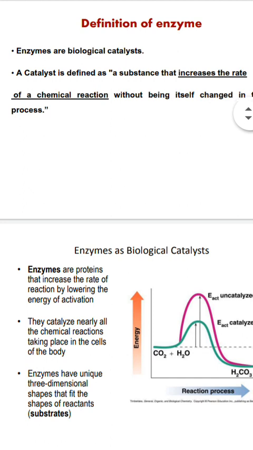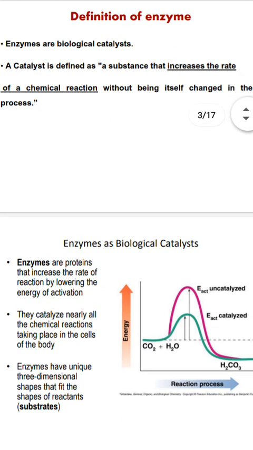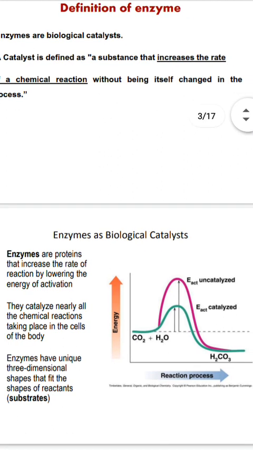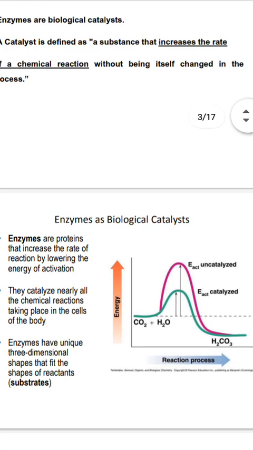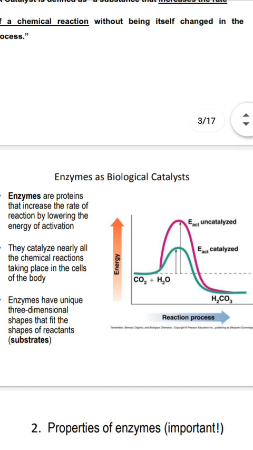And the next definition of enzymes is that they can increase the rate of a chemical reaction by lowering the energy of activation, or we can say activation energy. And a simple definition for activation energy is that it is nothing but the energy needed to start the reaction process, meaning it can initiate the reaction, right?